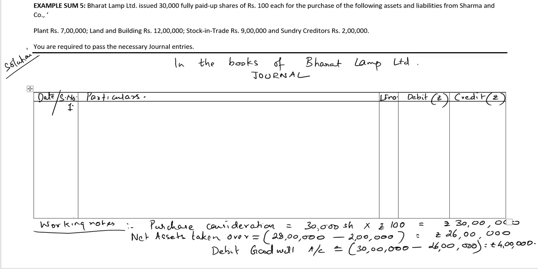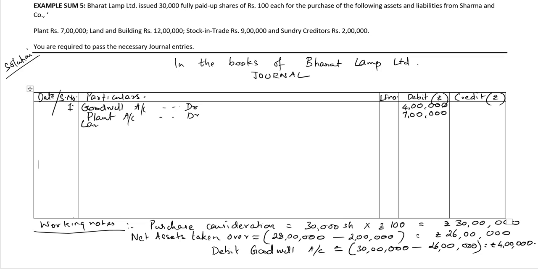So let's pass the first journal entry. Goodwill account debit 4 lakh rupees. Plant account debit 7 lakh rupees.